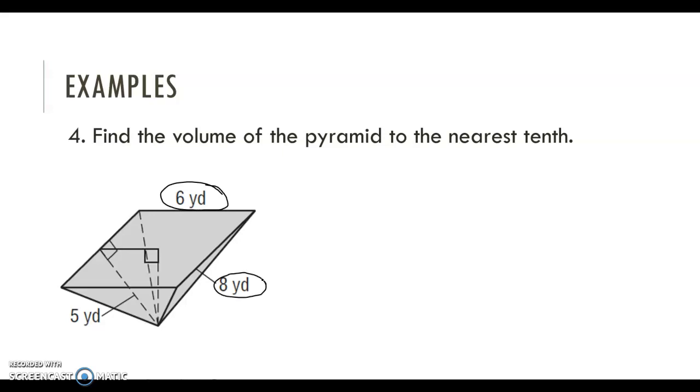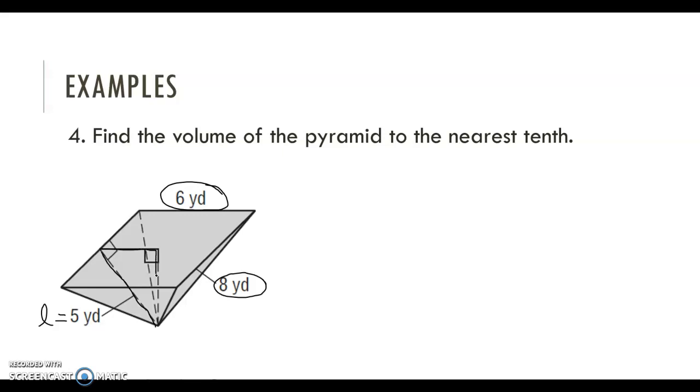So this is a rectangular pyramid. The only thing that's going to change is the calculation for the area of my base. And also notice that this 5 yards given here is actually my slant height. It's starting here and then going to the side of the pyramid.